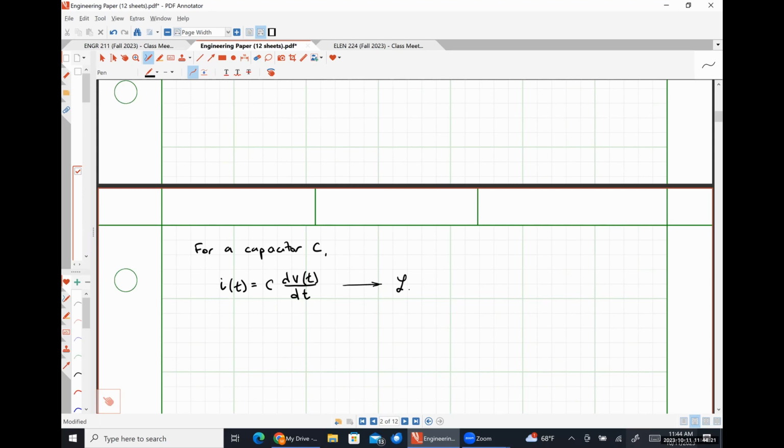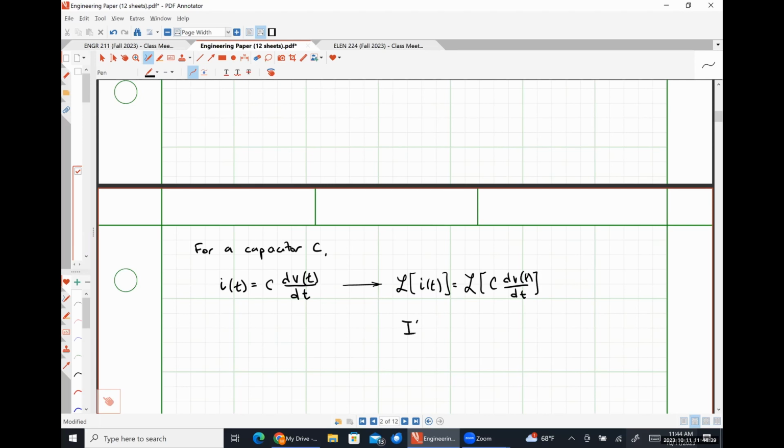So the Laplace transform of I of t will be equal to the Laplace transform of C times the derivative of the voltage with respect to time.